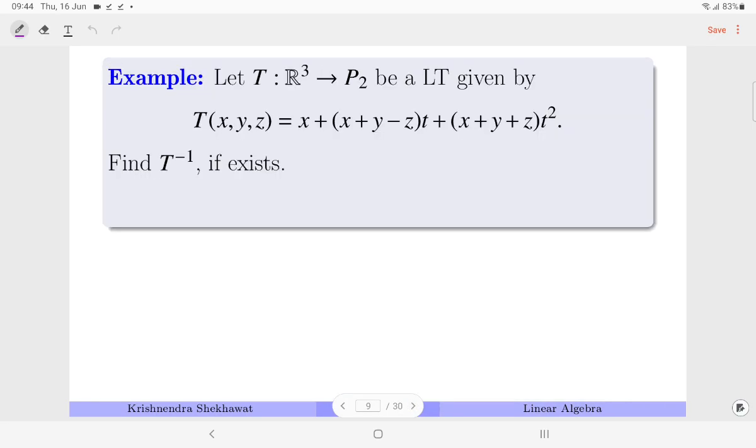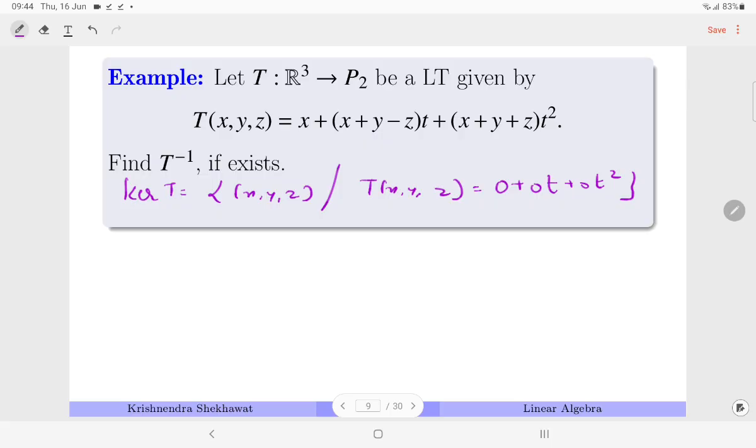So let's see this exercise where we need to find the T inverse if it exists. To show that it exists, first we need to show that kernel T is equal to 0. So if I compute kernel T, then it is all those x, y, z for which T of x, y, z is the 0 vector, 0 plus 0t plus 0t square.